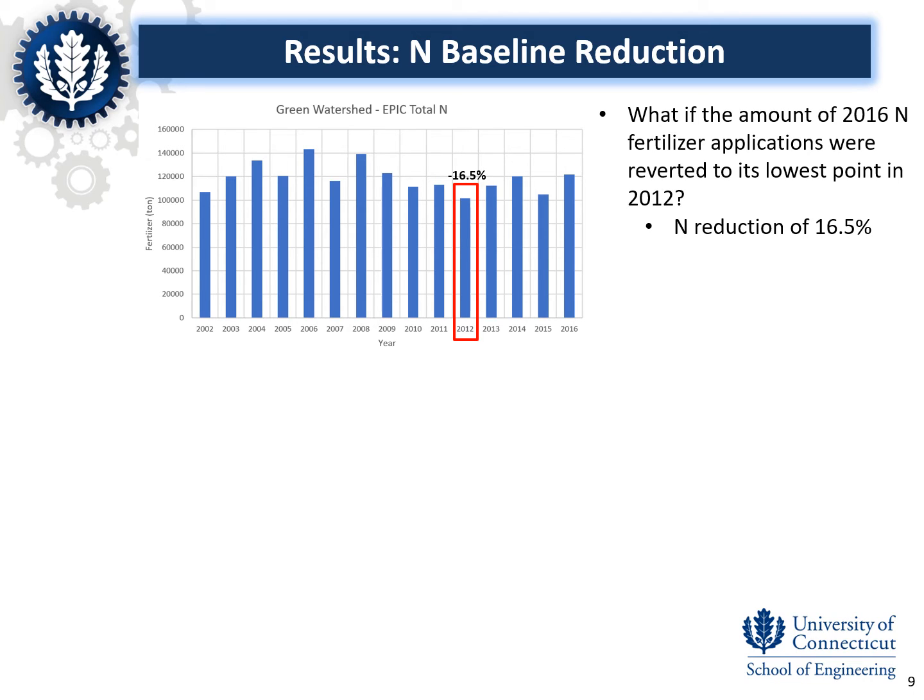And so for this scenario, we're investigating what would happen if 2016 nitrogen fertilizer applications were reverted to its lowest point in 2012 by applying a 16.5% reduction to each of the nitrogen fertilizer application variables paired with 2016.